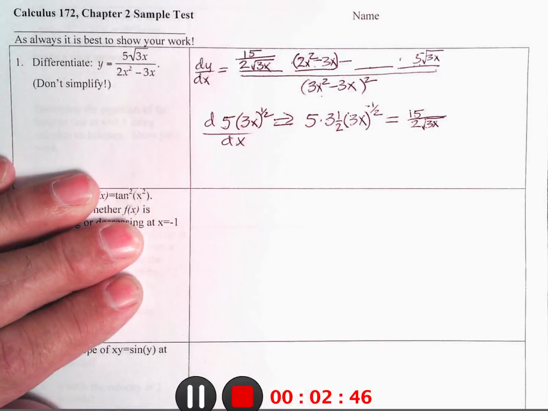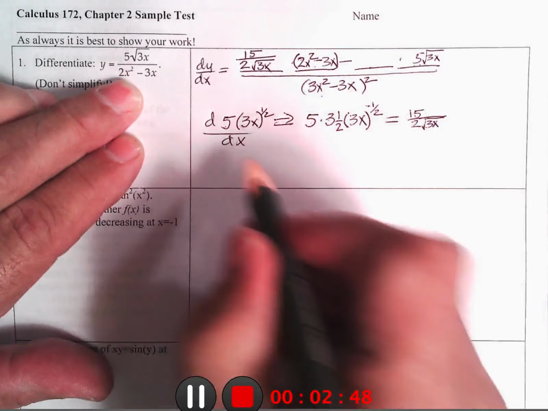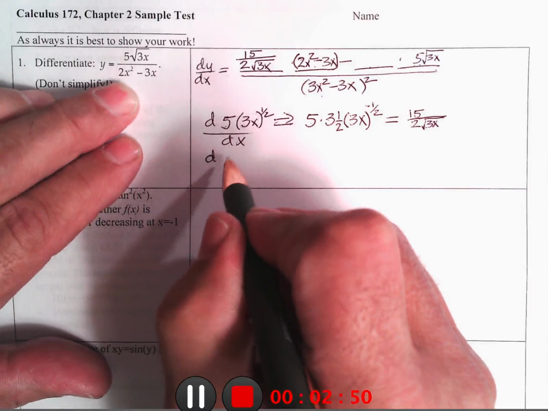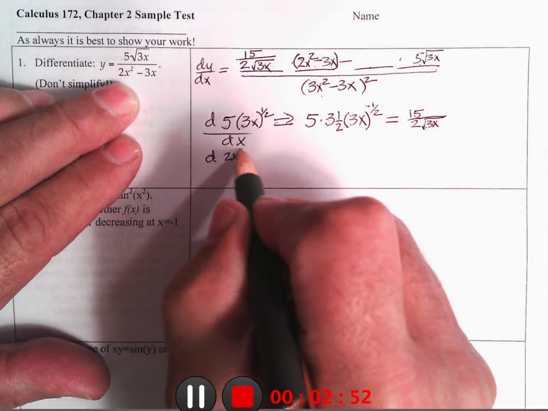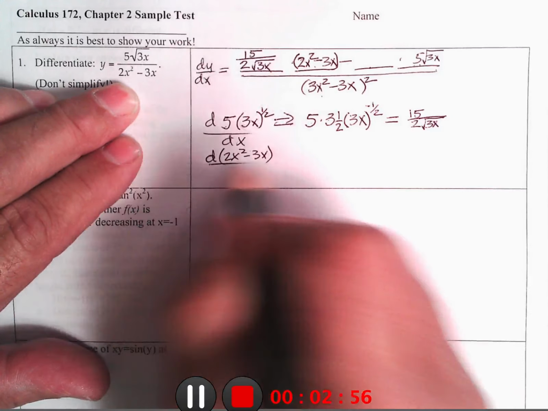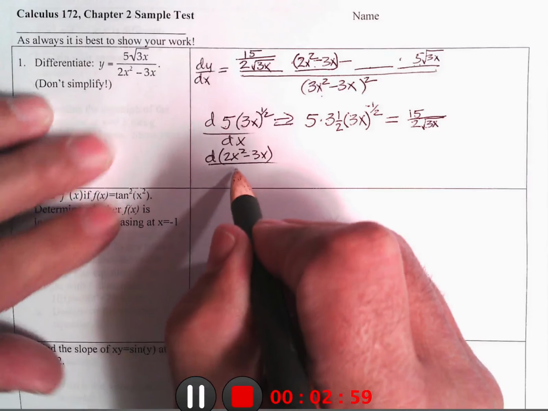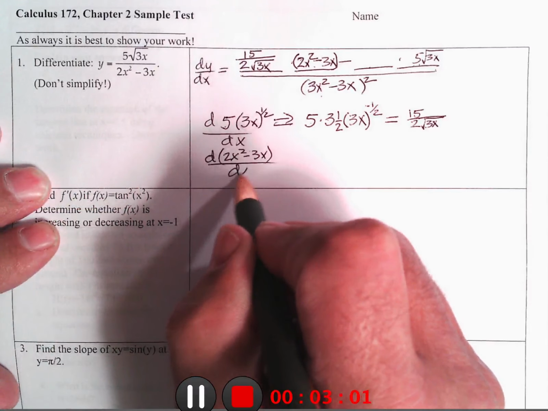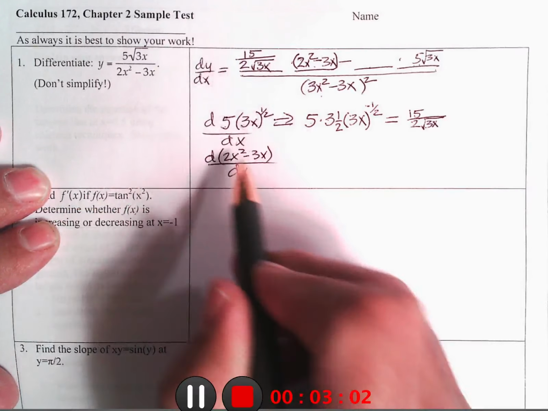Now the derivative of the denominator looks like it's just the sum rule for derivatives. So the derivative of this, the constant will hang around, and that'll be times derivative of x squared is 2x times 2 is 4x, and the derivative of minus 3x is minus 3.